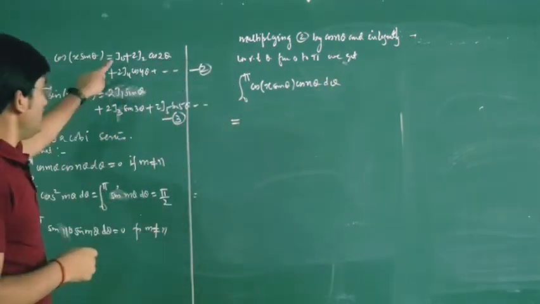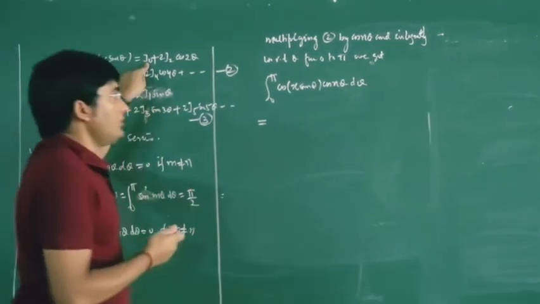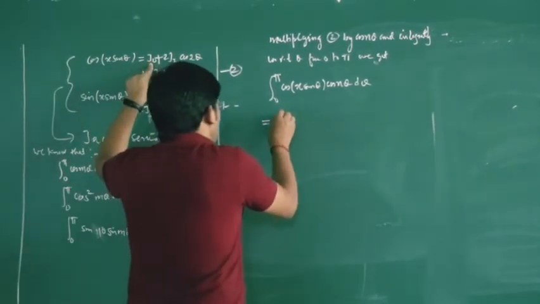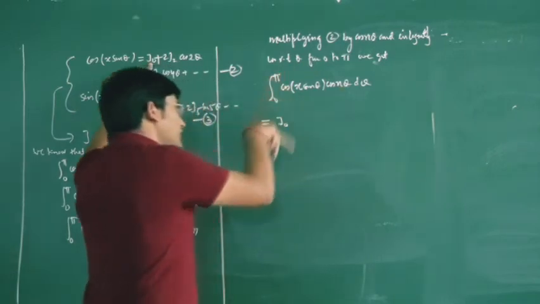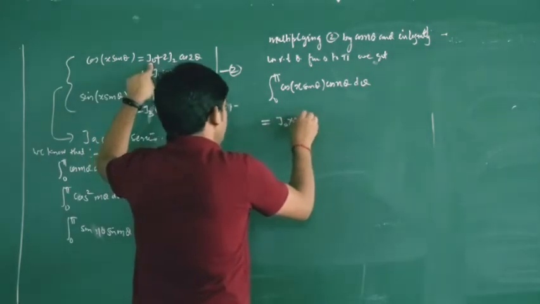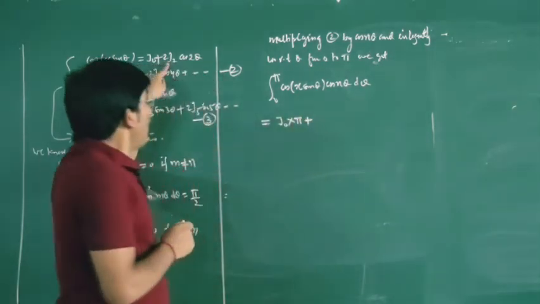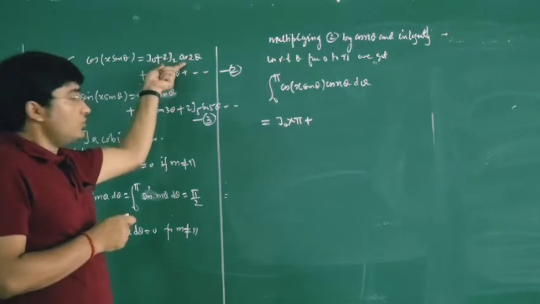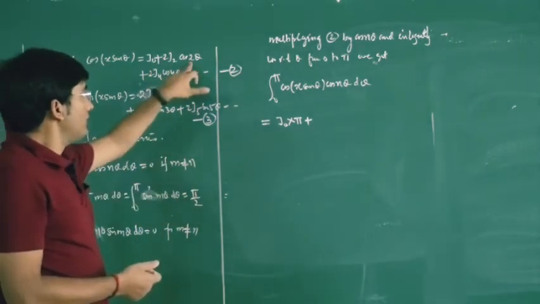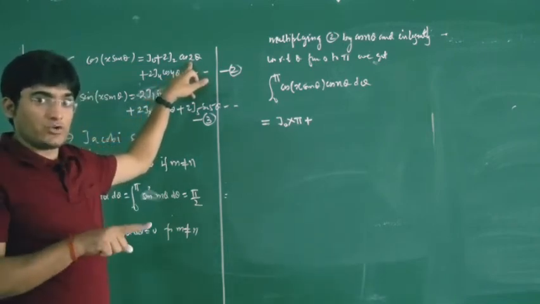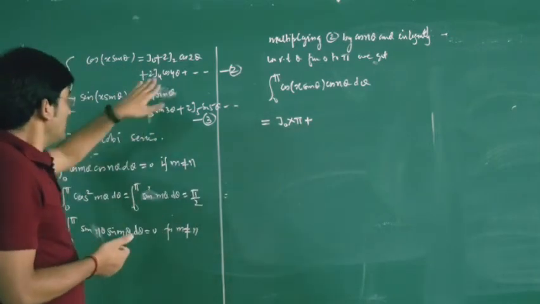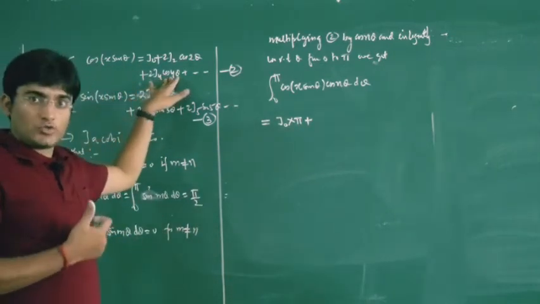Now on the right hand side, here we will have J0 and then integration with respect to theta from 0 to pi. So that will give you pi. Now here we will have 2J2 cos 2 theta into cos m theta. If m is not equal to 2, that means if m is not even, then that term will become 0. Again the third term will be cos m theta into cos 4 theta.